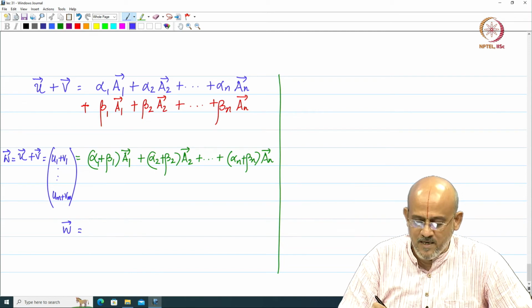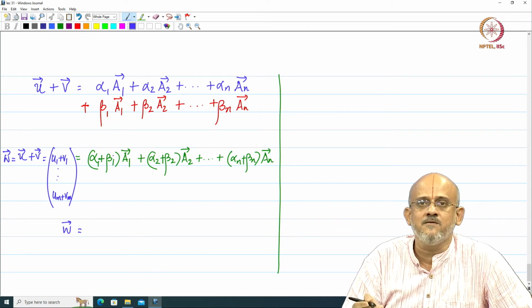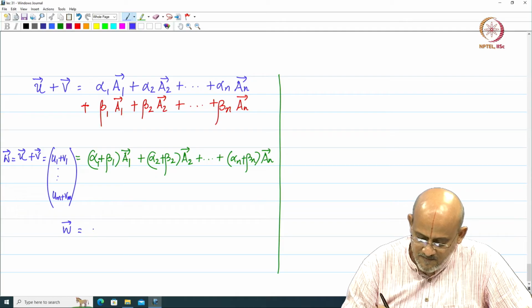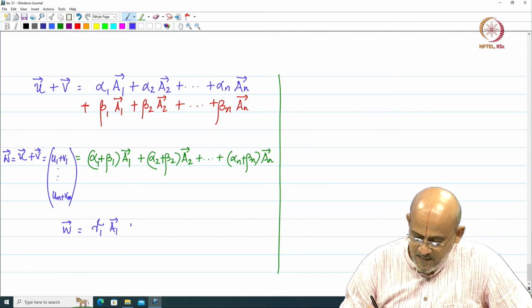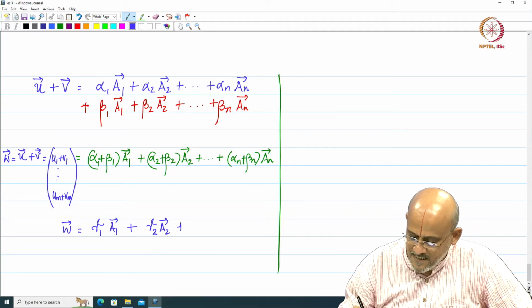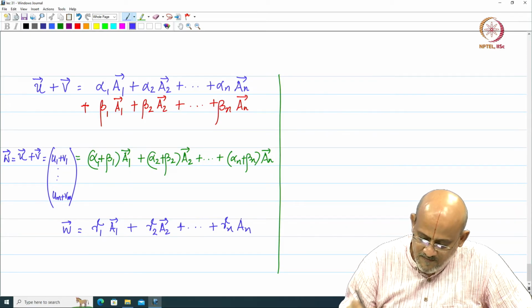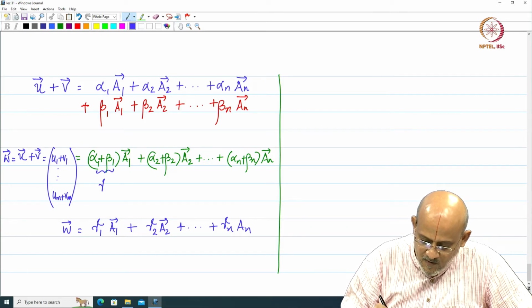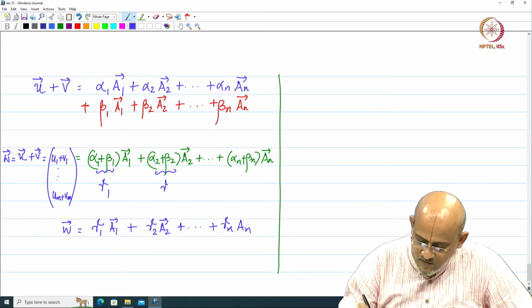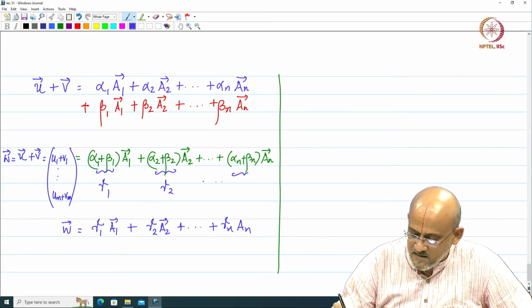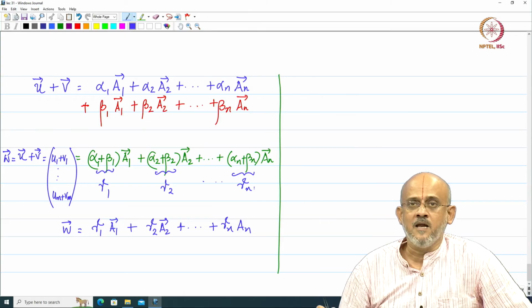Now, alpha 1 is a scalar, beta 1 is a scalar. Now, you add these two, I get another real number, let me call that as gamma 1 a1 plus gamma 2 a2 plus etc. plus gamma n a n. I am going to call this as, let us say, gamma 1, call this as gamma 2 etc., call this as gamma n.